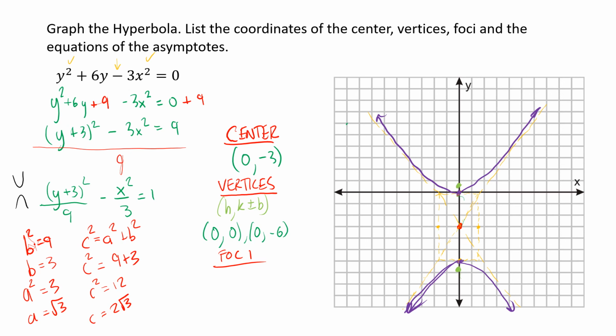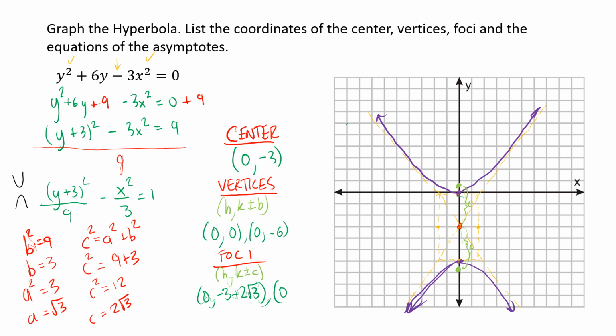So they are C away from the center. So this distance right there is C, and this distance right there is C. So if we wanted that in general, we would say that it's H, comma K plus or minus C. So for ours, then it's 0, comma negative 3 plus 2 root 3, which is about 0.7.